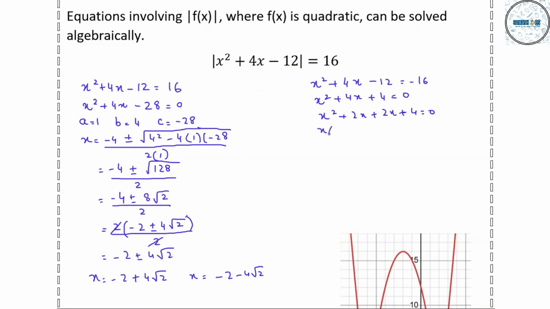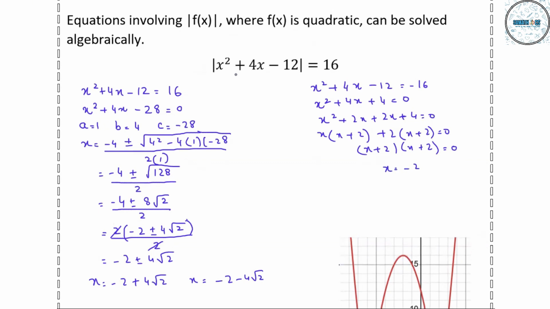Then we can take x as common. x into x plus 2 plus 2 into x plus 2 is equal to 0. So we have x plus 2 and x plus 2. It means that we have one value of x, that is x is equal to minus 2.